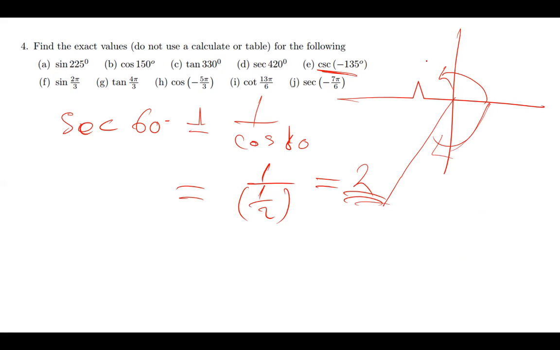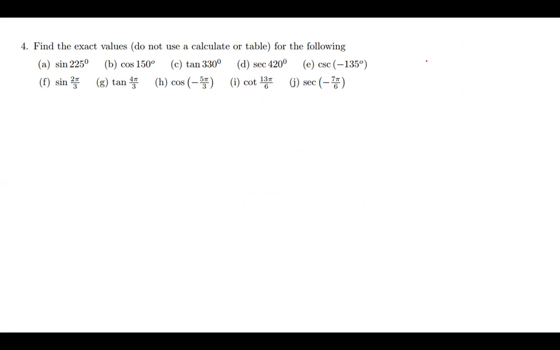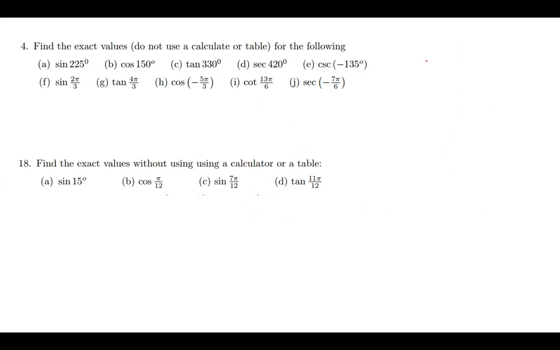So let's proceed. Find the exact values without using a calculator or a table. So let's look at this one. I don't know if I've skipped something, but I think I've skipped something. Okay, let's find sine 15 degrees.